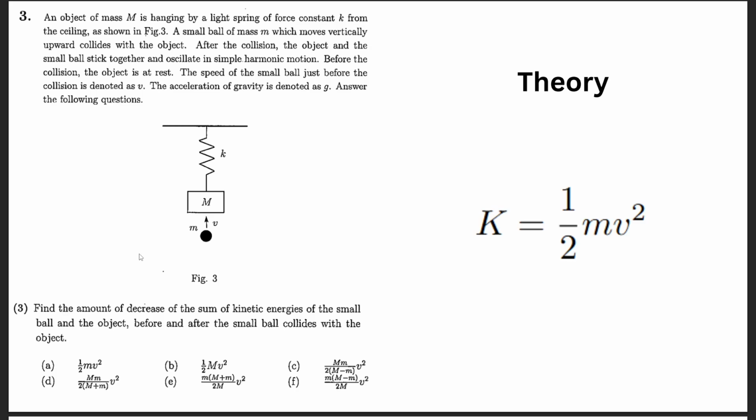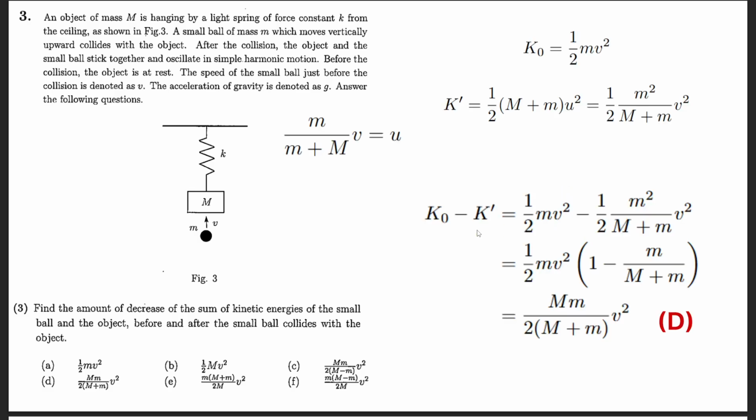Number 3. Find the amount of decrease of the sum of kinetic energies of the small ball and the object before and after the small ball collides with the object. So the theory that you have to know is the kinetic energy is equal to a half times mv squared. And since we are asked to find the amount of decrease before and after, we need to find the kinetic energy before.